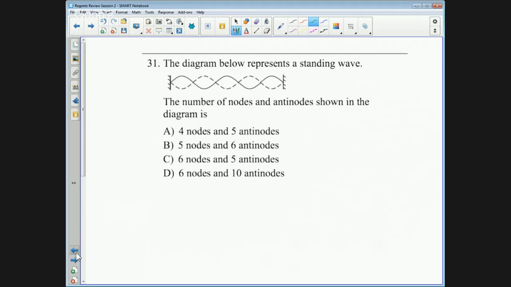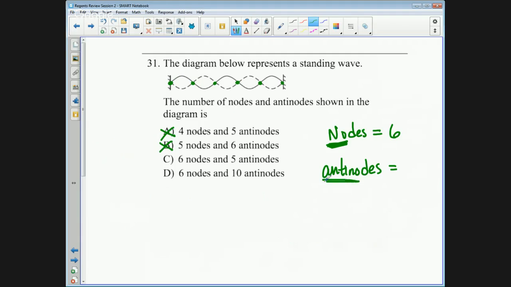31, the diagram below represents a standing wave. The number of nodes and antinodes shown in the diagram is what? Okay, for nodes, the way I like to think about it, nodes means no. So no amplitude. The areas with no amplitude. 1, 2, 3, 4, 5, 6. 6 nodes. So that eliminates A and B. So there's 6 nodes. For the antinodes, let's always count the solid line for the antinodes.